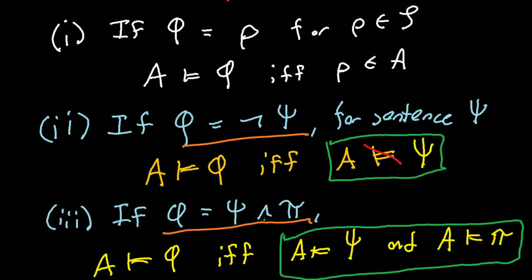It may not be clear yet how to prove this. That A models phi when we expect A to model phi, right? So A models phi if and only if phi is true when everything in A is true, right?